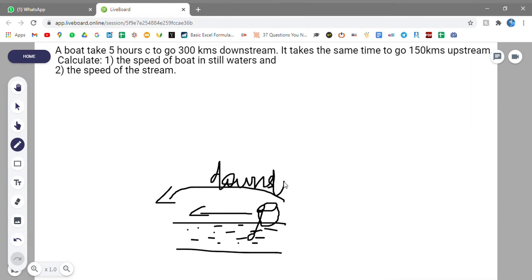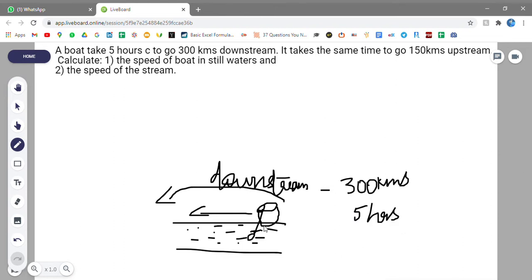In downstream it is much easier to row the boat and cover the distance. So that is why in downstream they are able to cover 300 kilometers in 5 hours.